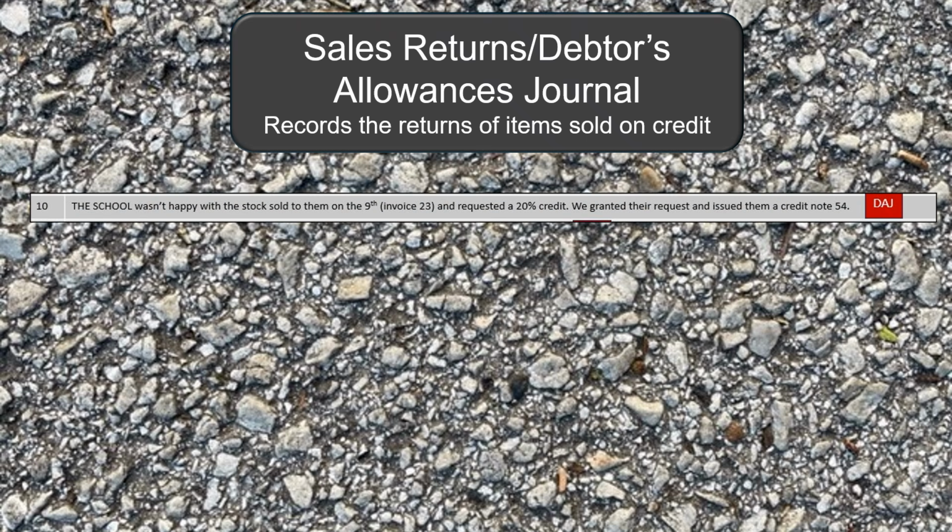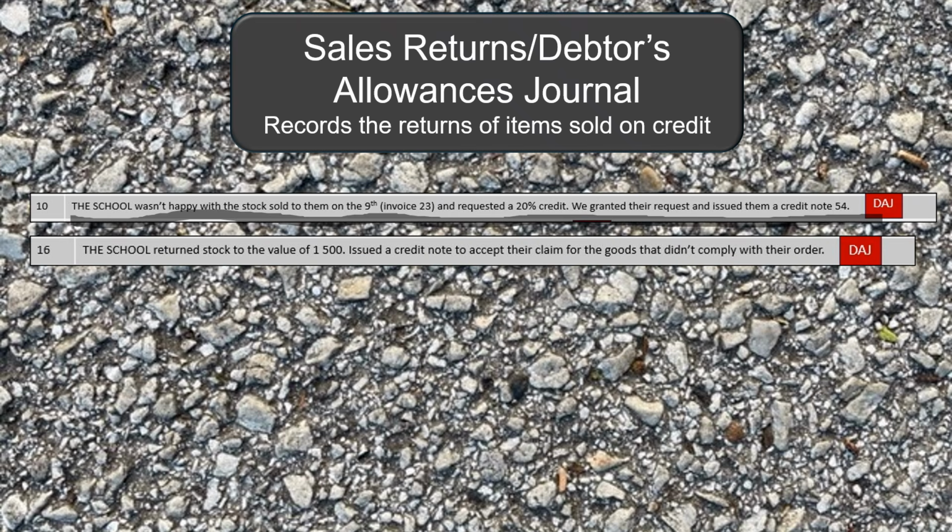So in this transaction here, it says the school wasn't happy with the stock that was sold to them on the 9th, invoice number 23, and requested a 20% credit. We granted their request and issued them a credit note number 54. Right, we issue a credit note saying that we are going to credit their account if we agree with their claim for goods that didn't comply with the order.